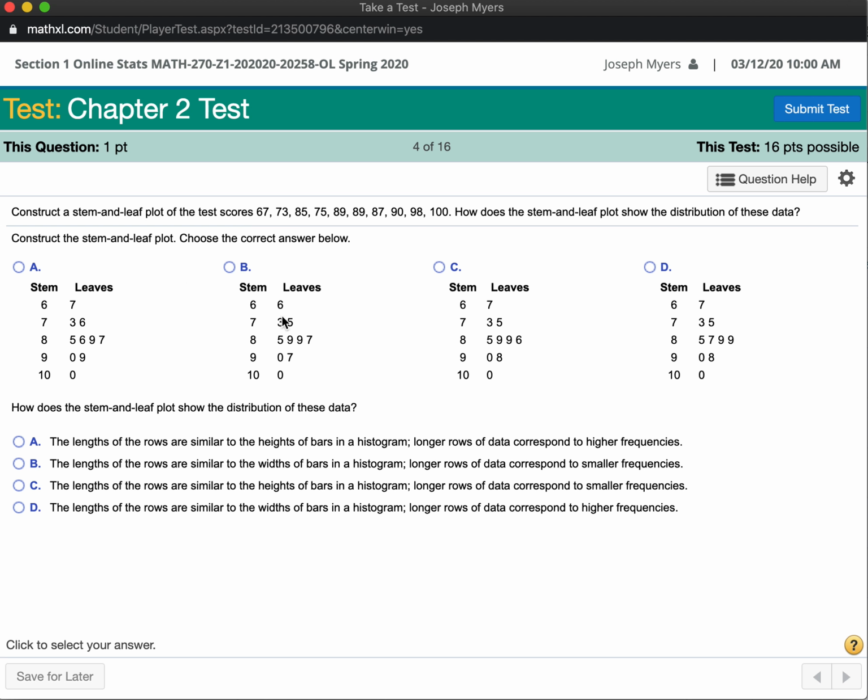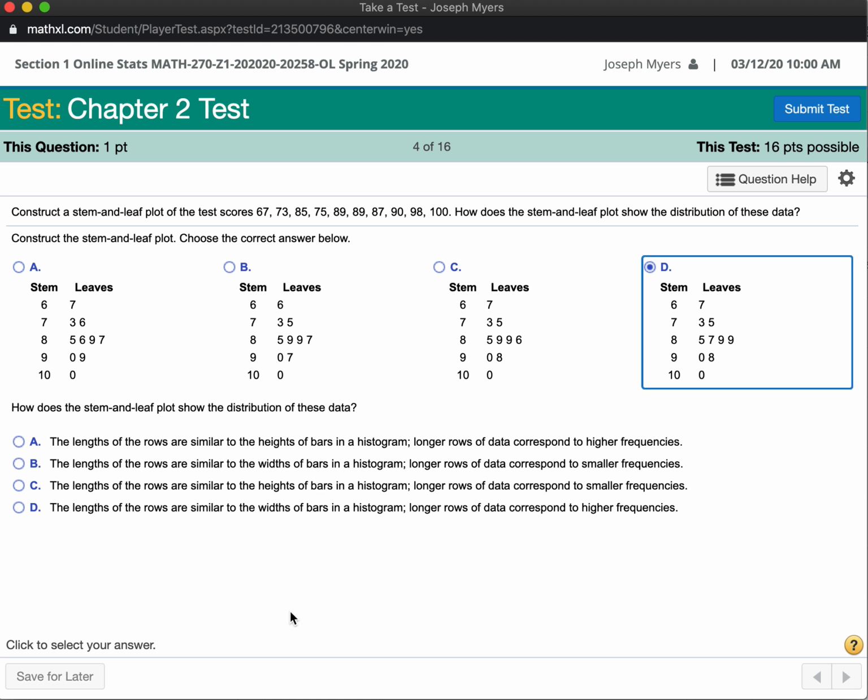The only ones it could be are either C or D. So D is the only choice that works with everything so far. It has a 67, a 73, 75, an 85, an 87, an 89, another 89. And then it also even has a 90, a 98, and a 100. So D is the correct one.